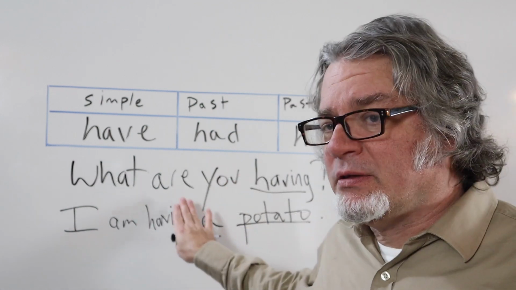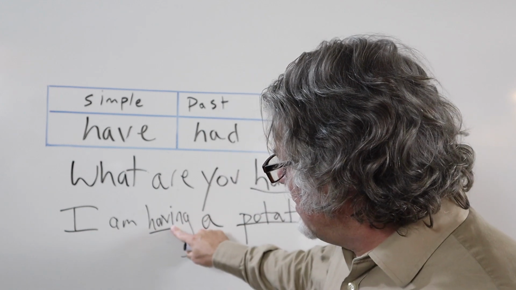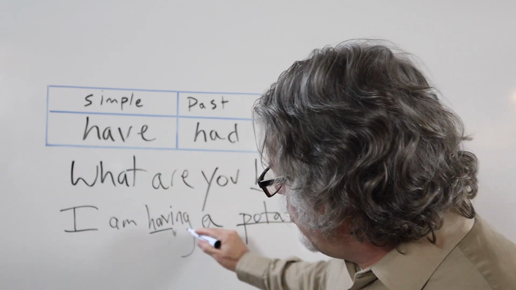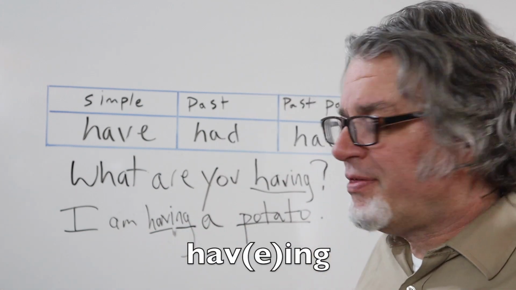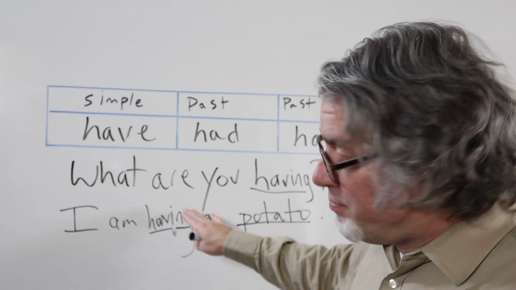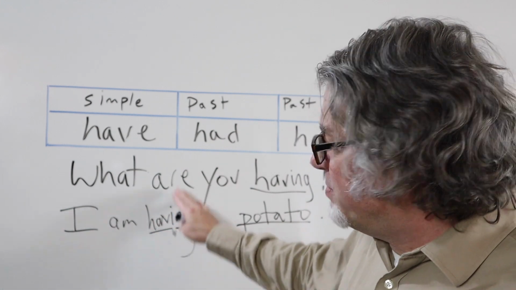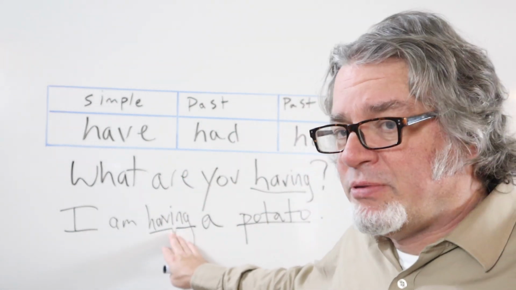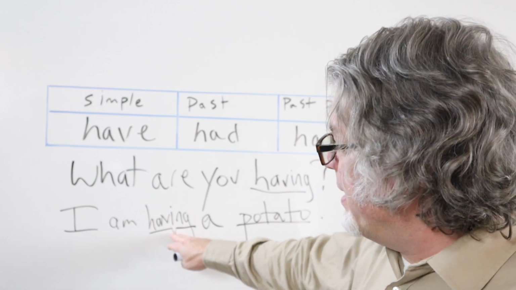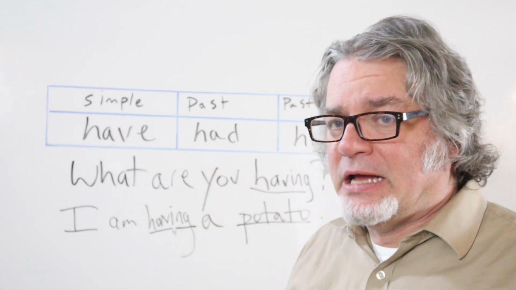The way I usually think about this main verb is in the simple form with the ing ending. If you want to think of this as the present participle, I suppose that's okay. Some people do, but generally I think of the main verb in the present continuous tense as the simple form with an ing ending.